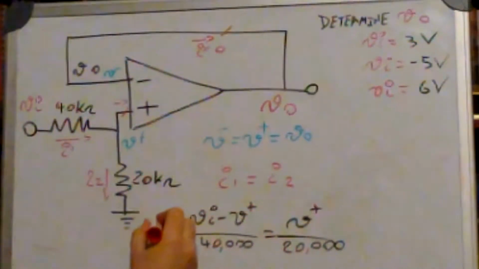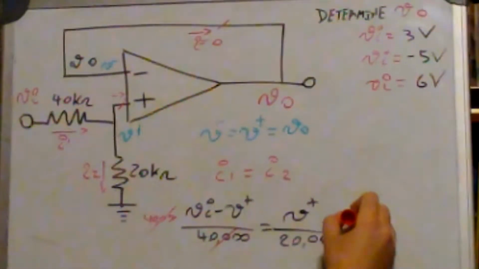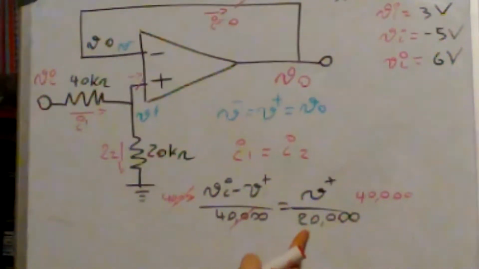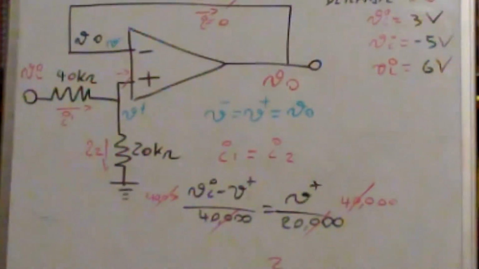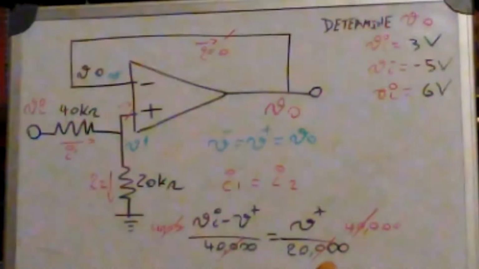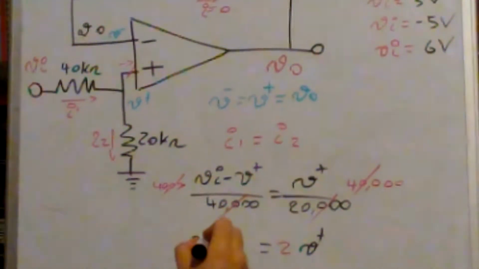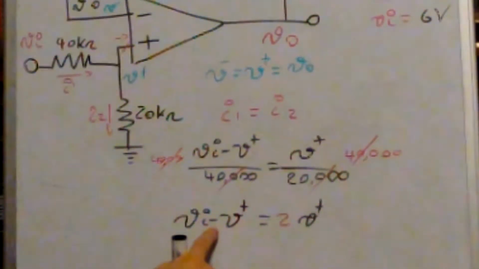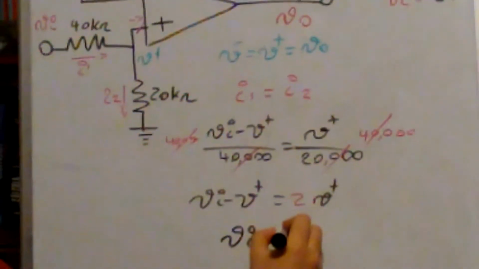So 40K just cancels out, and I multiply by 40K. 40K divided by 20K is 2. So I have 2 V plus is equal to Vi minus V plus. I'm going to add V plus to the other side. Vi is equal to 3 V plus.